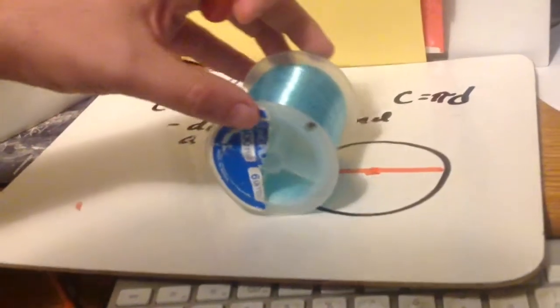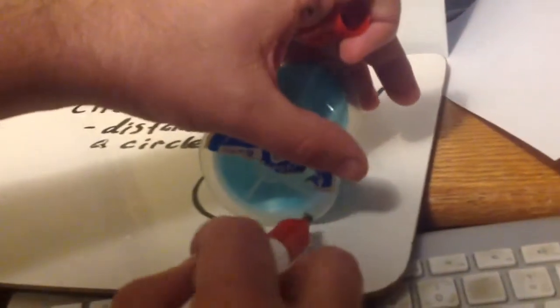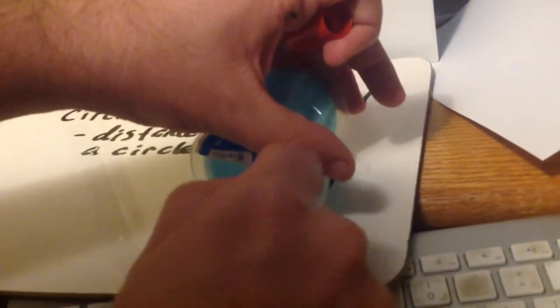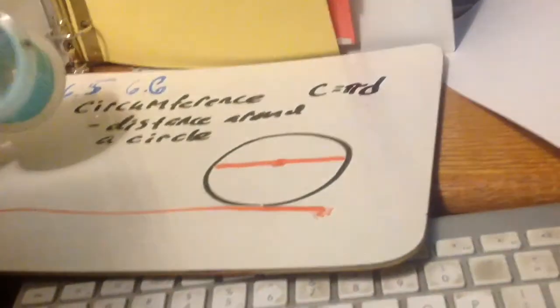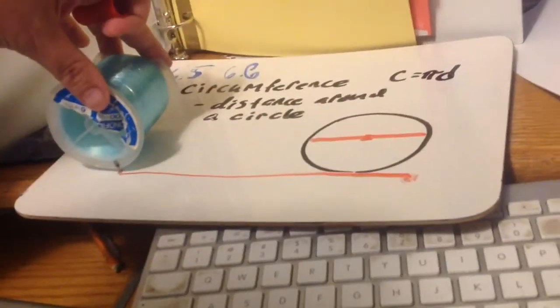I'm rotating. And so that distance right there, going from here to here, was the distance that it took for this to rotate all the way around one time. It's another good way of thinking about the circumference.